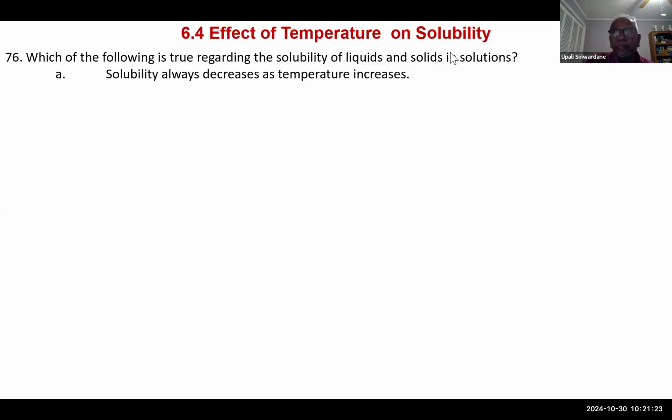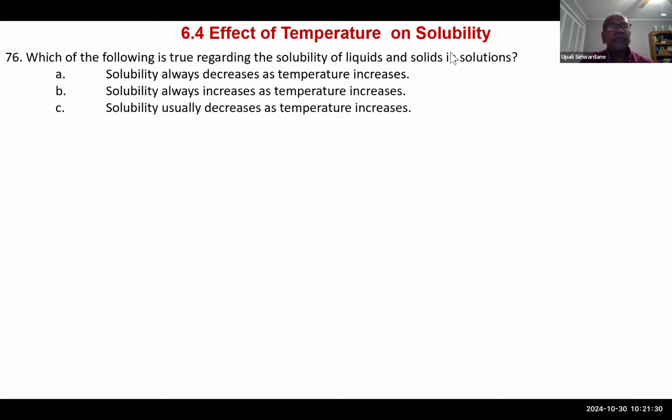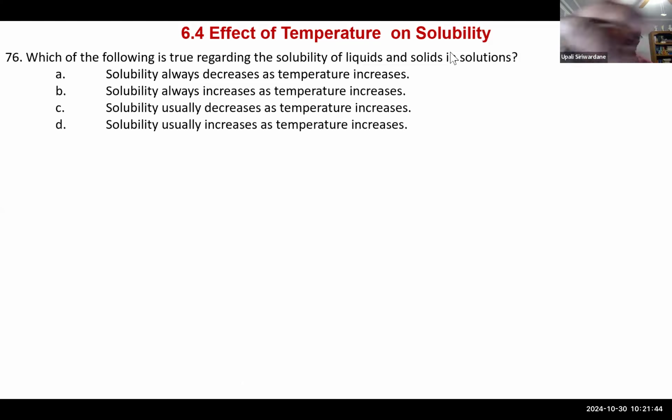Solubility always increases? Solubility usually increases. It's not always. We chose a few examples of solubility decreasing with temperature. Therefore, the answer is D.